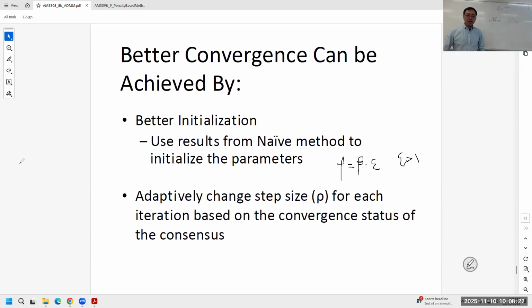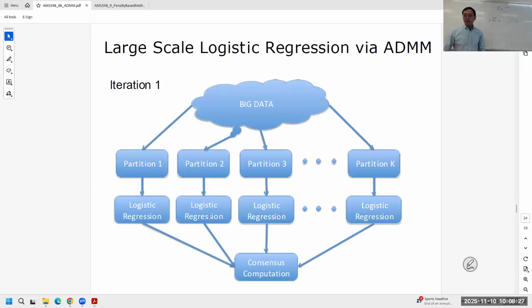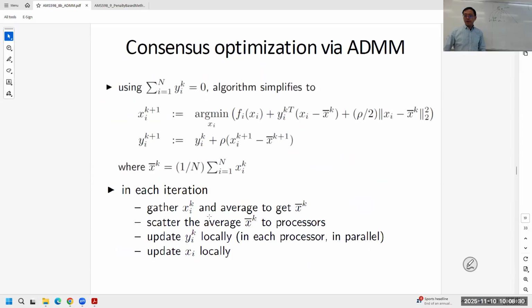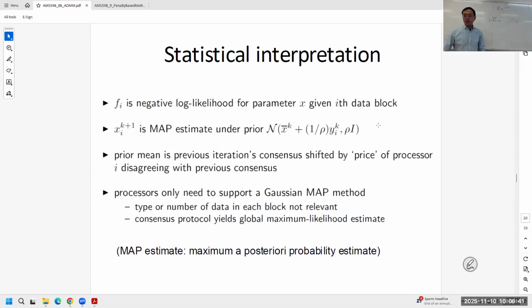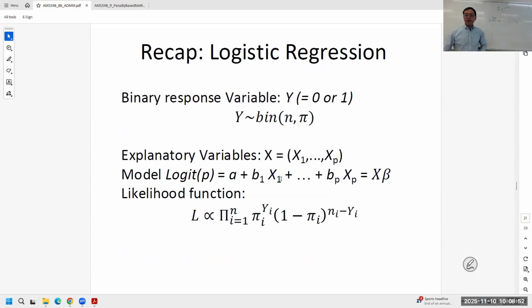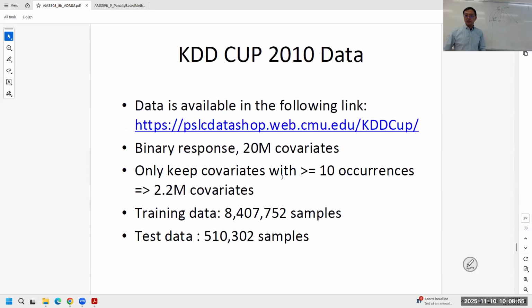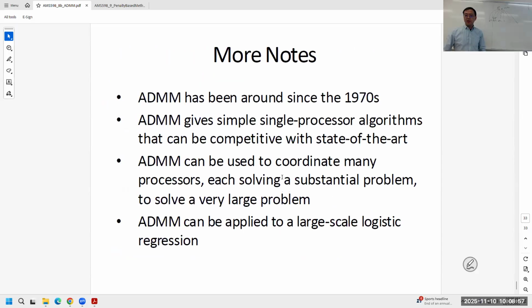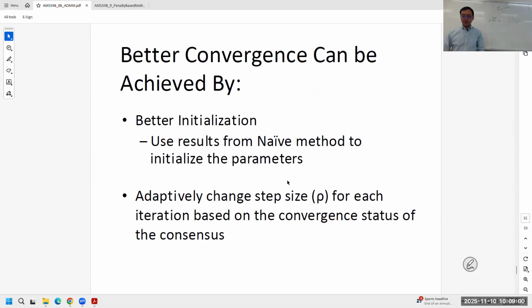By doing a larger rho, essentially the shift from the prior mean becomes smaller, because it is 1 over rho. That means the distance from the consensus will become smaller and smaller, so you can reach convergence.